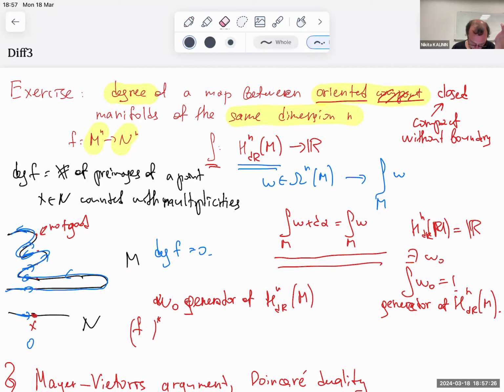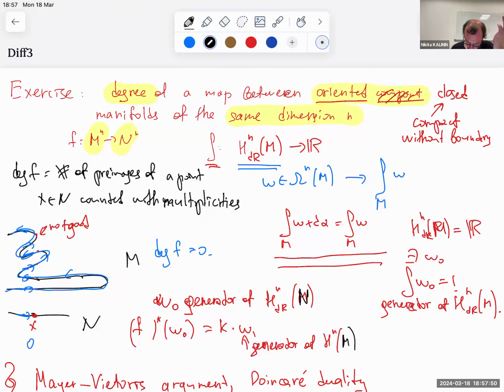It is equal to a certain number, let's say k, times omega 1, the generator of cohomology of M. And then k is called the degree of f.